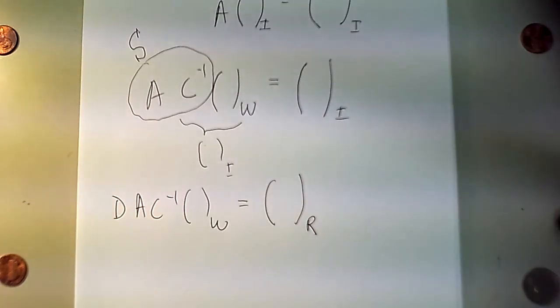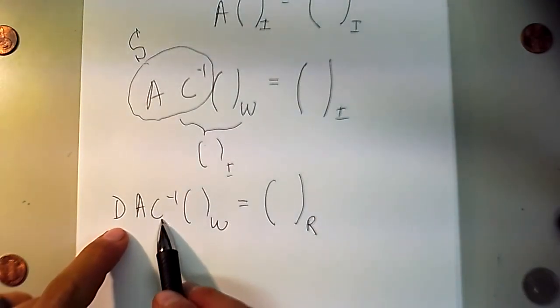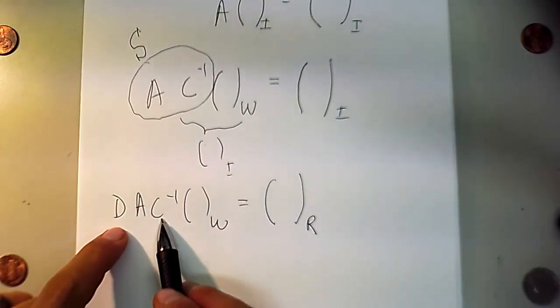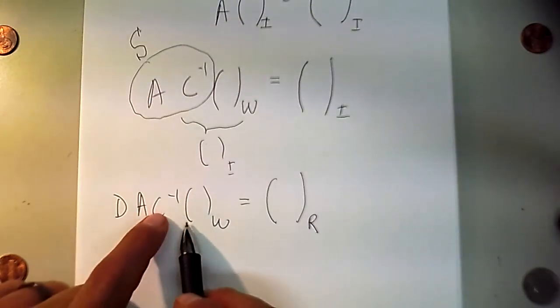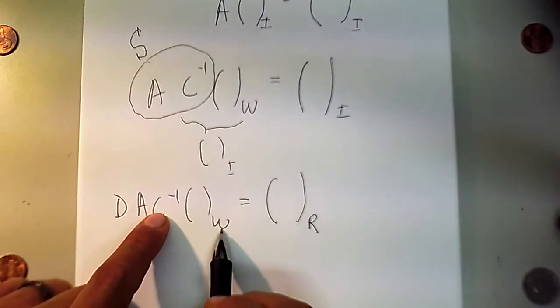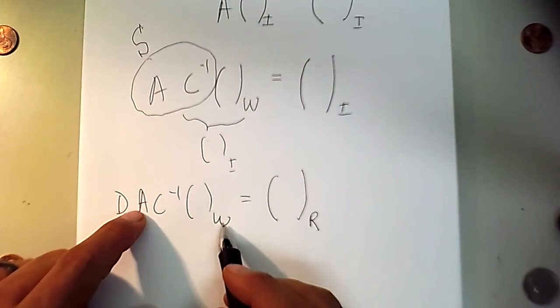So in a nutshell, we're using those matrices as interpreters from one language to another. This matrix takes W language into standard language, I language.